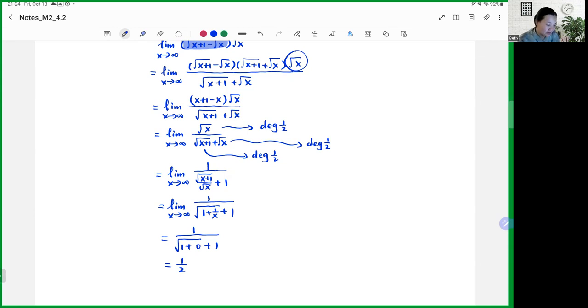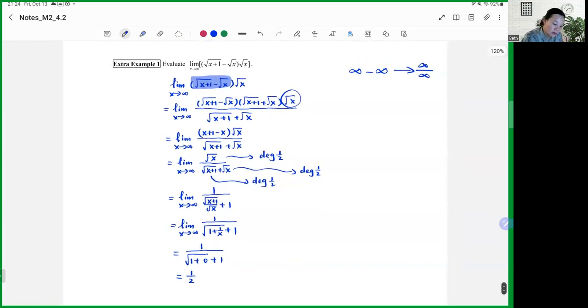Is it okay? Now we can also check by substituting x equal 1,000 in this case. Maybe I'll figure out 1,001 minus 1,000 times 1,000 and use my calculator to check. Let me do it.